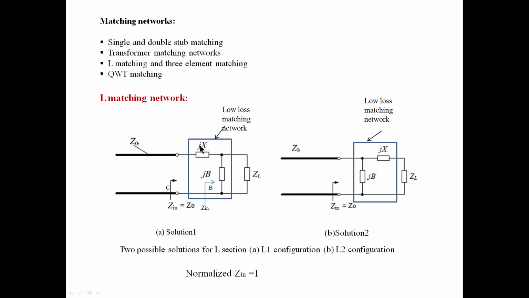By adding one more element, you may get the impedance between these terminals equal to Z naught. So to the load you add one element, then add one more element. By adding a single element you may not get an impedance match, but adding one more element like this, we can get an impedance match. Looking between these two terminals, the impedance becomes Z naught, which is equal to the characteristic impedance.